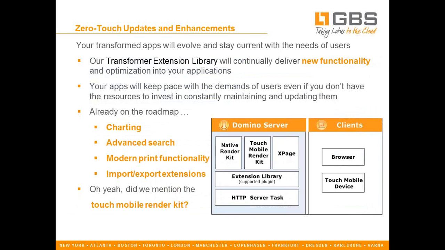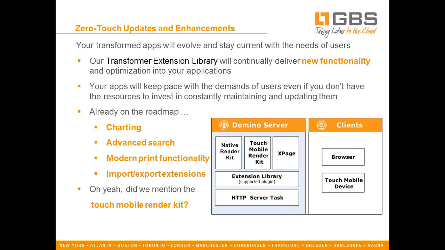Once you have a transformed application present within your infrastructure, the Transformer extension library, which comes with your transformed applications, is going to give you the ability to deliver new functionality. And what that means is that for the extension library that resides on your server, we're going to deliver new functionality, and that will be free of cost.